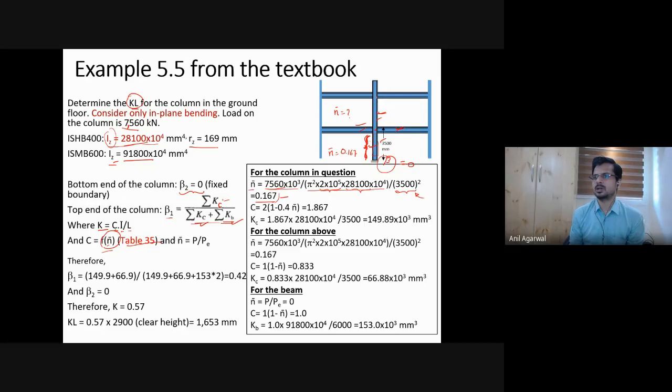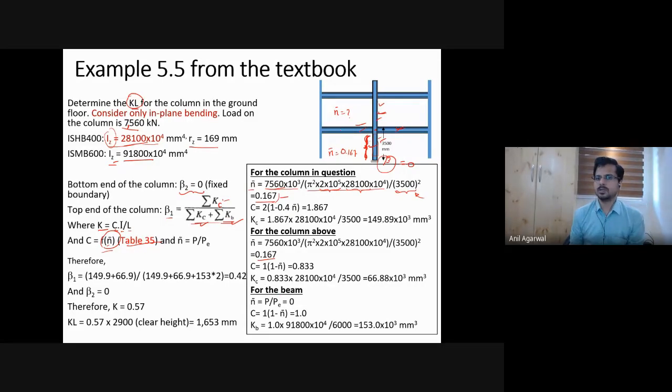Because we are not accounting for the boundary conditions as of now. Pi squared EI by L squared. So I is the same, and also the load is the same because both columns are carrying almost the same load. Truly speaking, this column will be carrying less load than this column, but you can imagine that these columns are part of a tall building, and the loads are almost uniform across the floors. So in that case, this column will also have an n bar of 0.167.